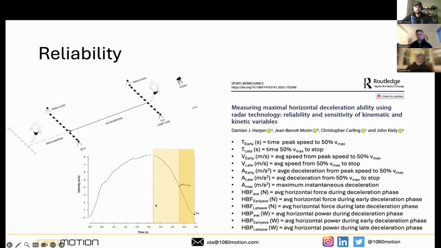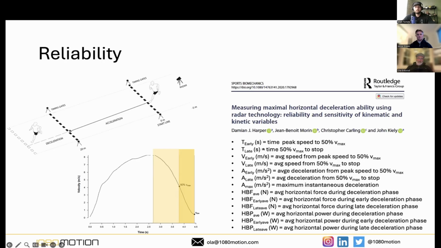And the way that Damien divided this deceleration was based upon you come in and you're starting to slow down. And then he divided early deceleration based upon top speed. So a 50% reduction, that was the early decel. And from 50 to 0 or low, that was the late deceleration. And if you have velocity and you have the mass, you can calculate all these variables.